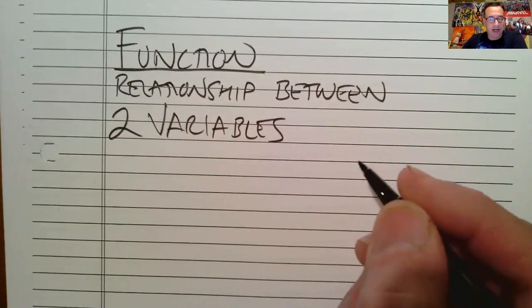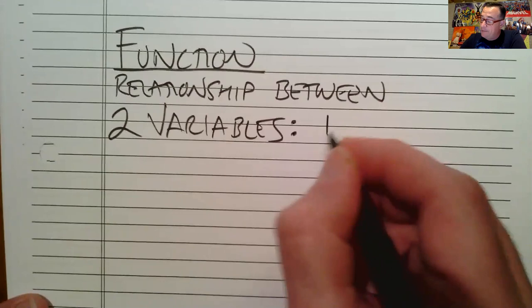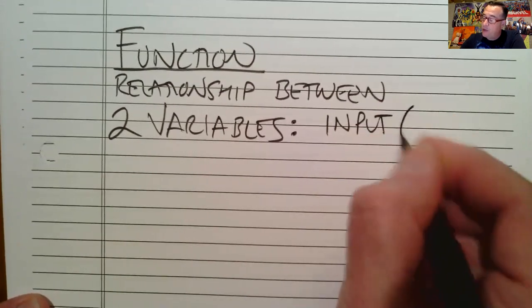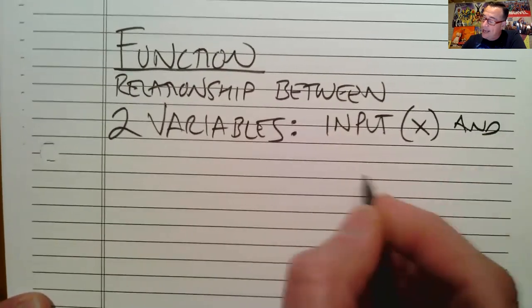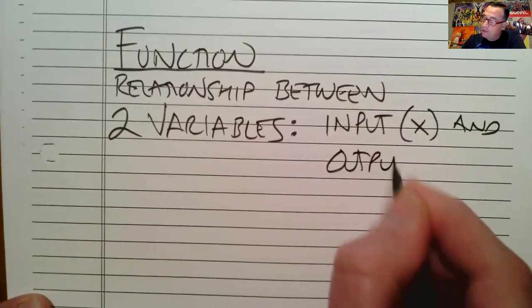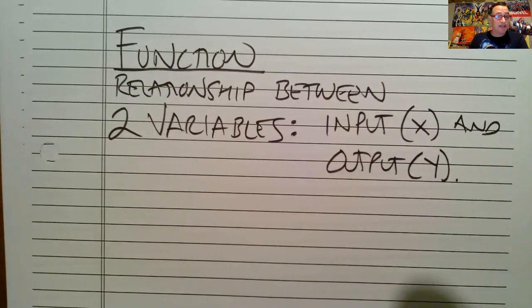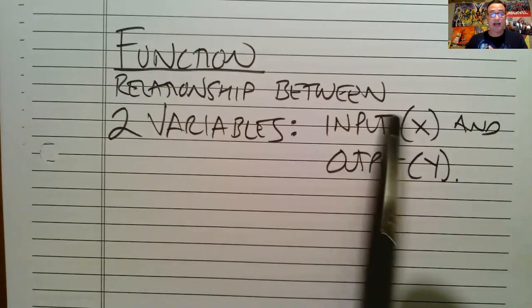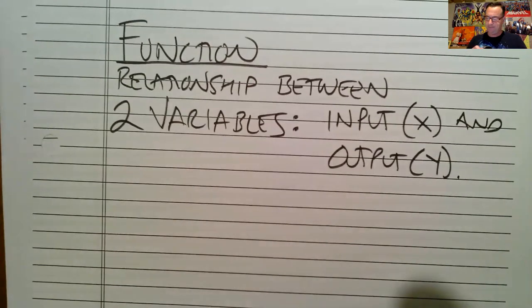And the variables we're going to use are our input, which we call our x, and output, which we call our y. So we've done a lot of things with x and y. And so it's a relationship between these. And there is one rule that works for all of them if it is going to be a function.